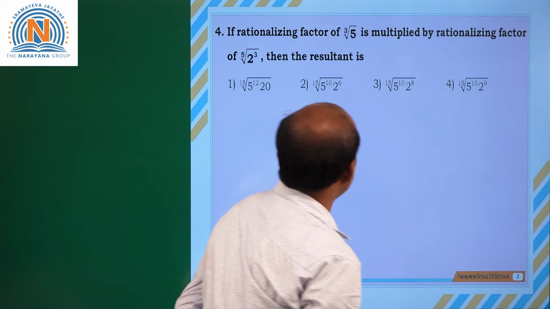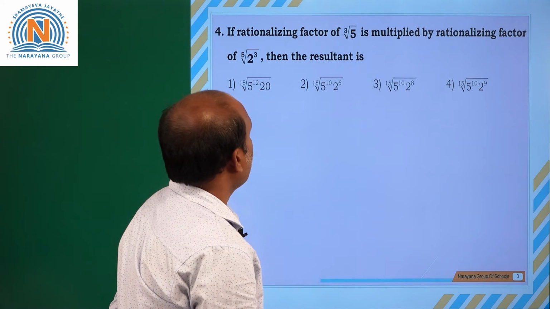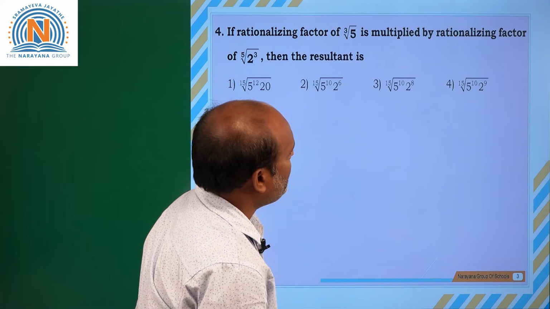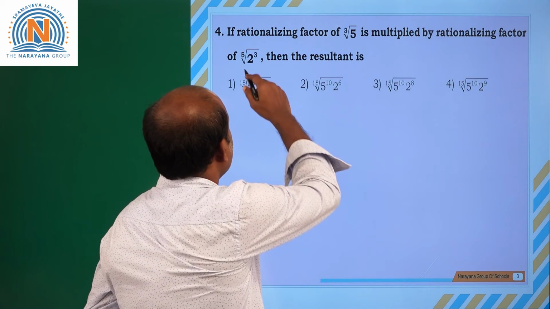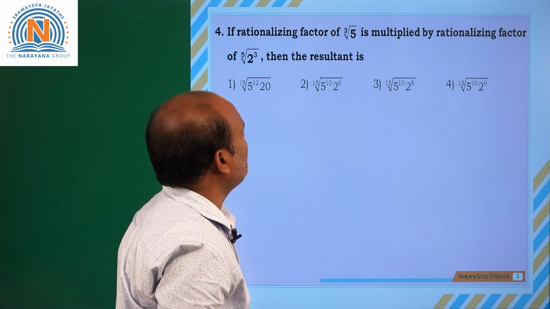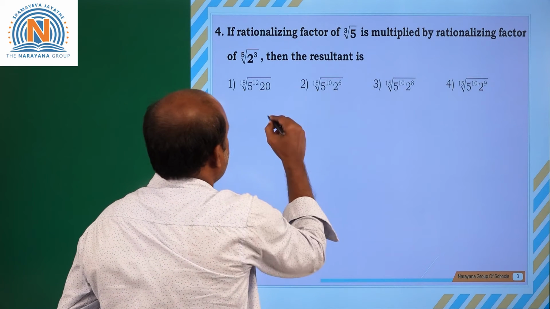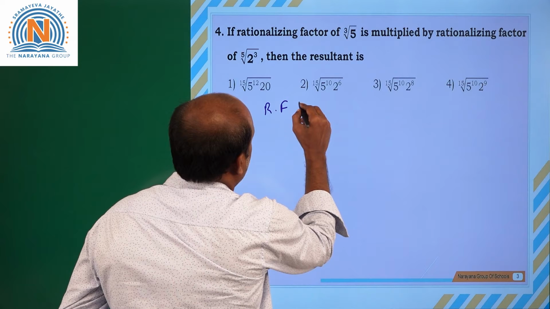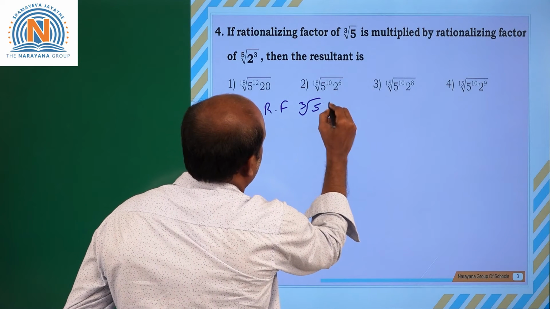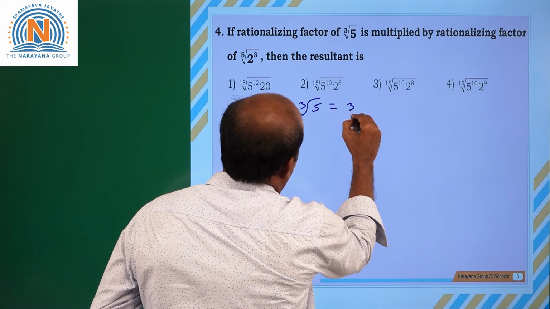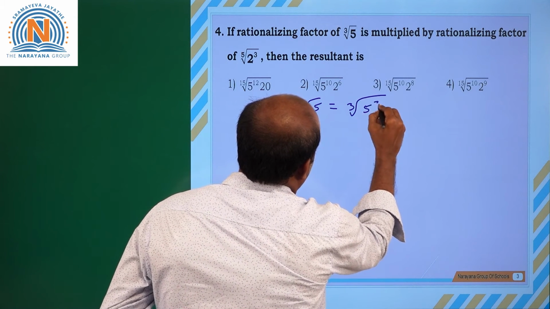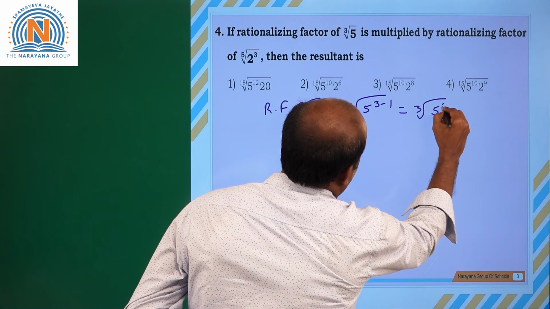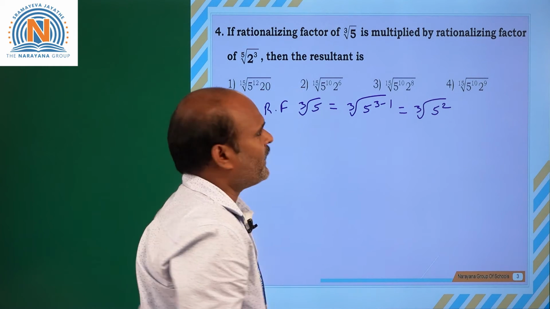Now coming to the next one: if the rationalizing factor of cube root of 5 is multiplied by the rationalizing factor of 5th root of 2 cube, then the result is. First, the rationalizing factor of cube root of 5 is cube root of 5 power 3 minus 1, that is cube root of 5 square.